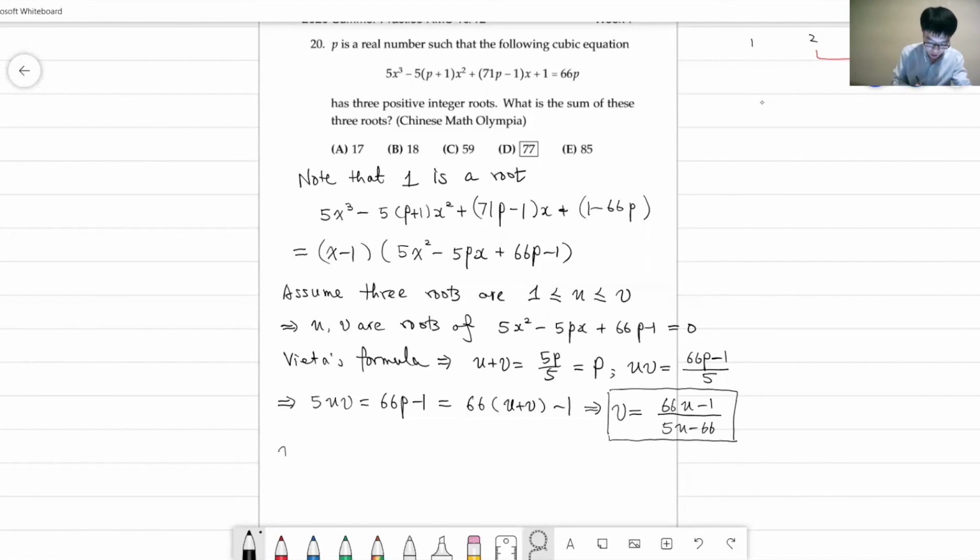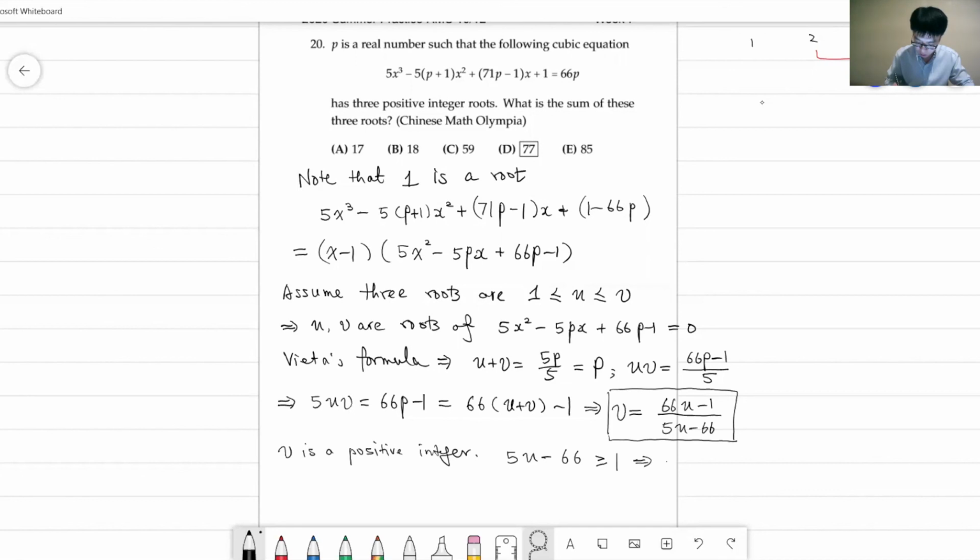Remember, v is a positive integer. We know that its numerator has to be positive because u is a positive integer. But so we require 5u minus 66 to be a positive integer. So this is larger equal to 1.